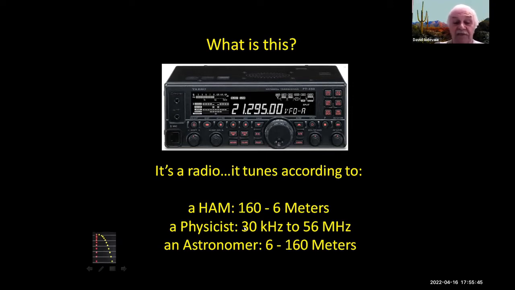A physicist would say it tunes from 30 kilohertz to 56 megahertz, and an astronomer would say it goes from 6 to 160 meters. And you say, well, that's just like the ham, but the astronomer puts the blue end, the shorter wavelengths, to the left, and moving outward to the longer wavelengths. That's just the distinction. And then, of course, the physicist is going to talk about frequency.